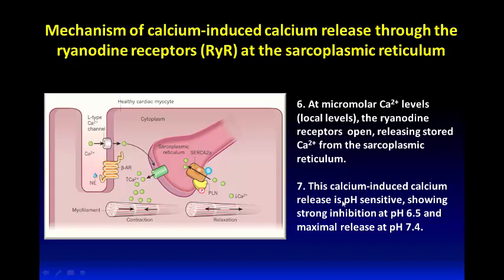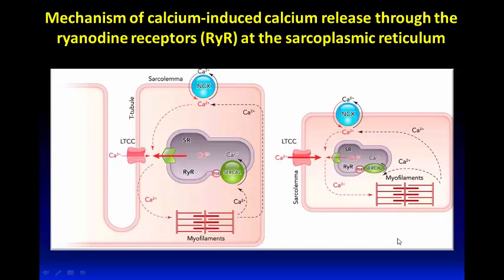This calcium-induced calcium release from the sarcoplasmic reticulum is pH sensitive. It shows strong inhibition when the pH inside the myocyte is 6.5, and it shows maximal release at physiological pH of 7.4.